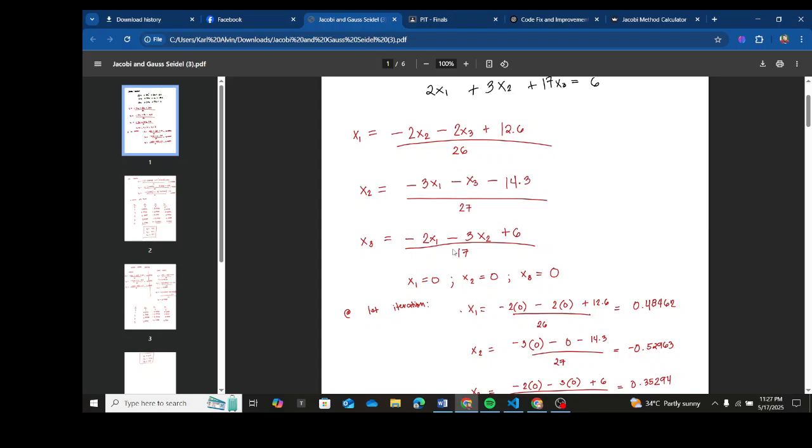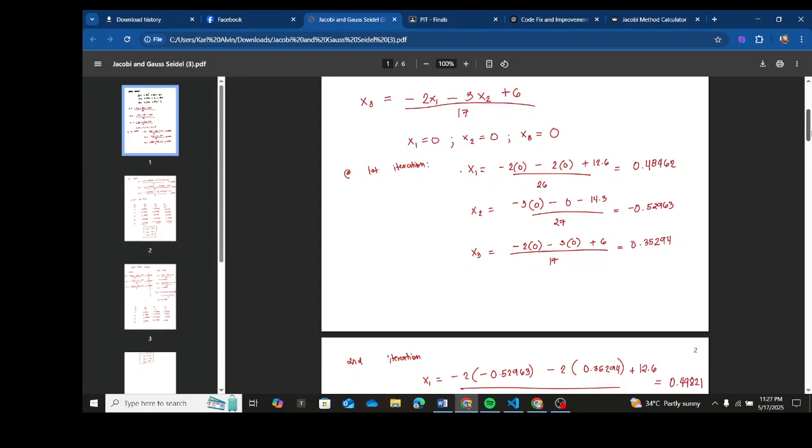We take our initial guesses to be 0 as a simple guess. Each equation is now rearranged to solve for a variable.